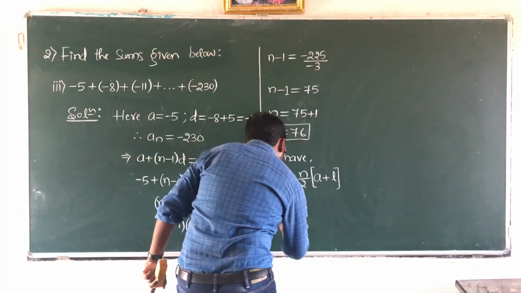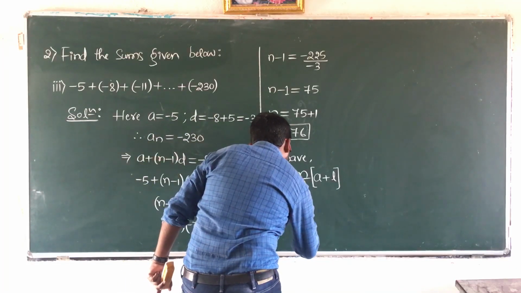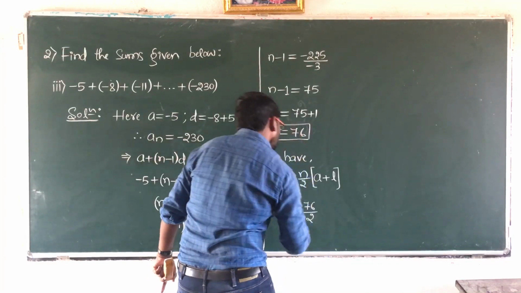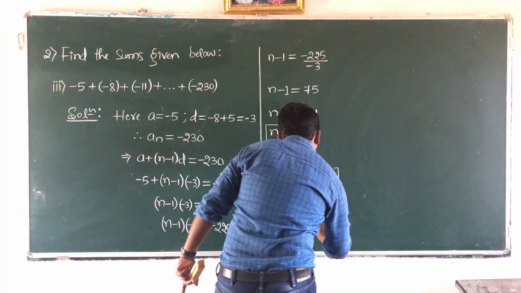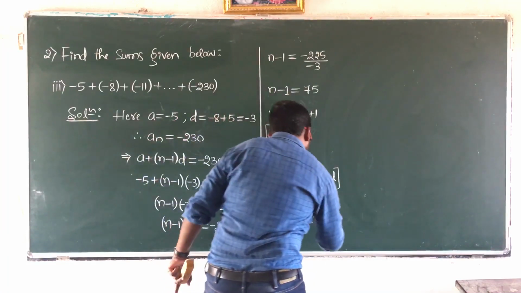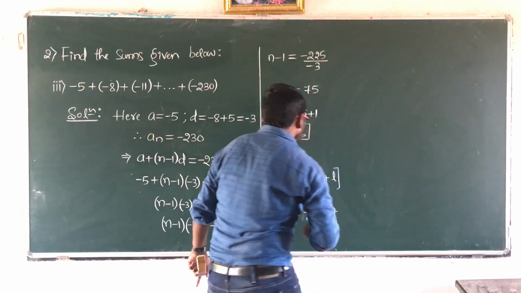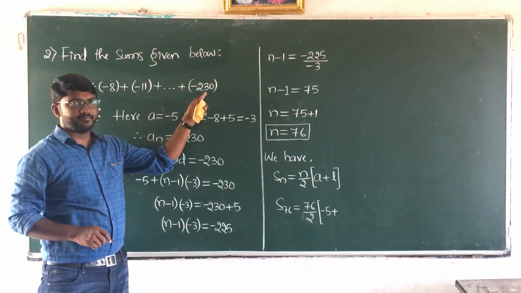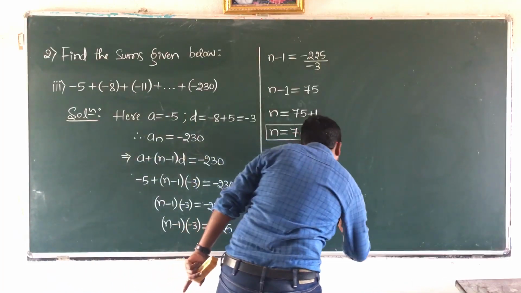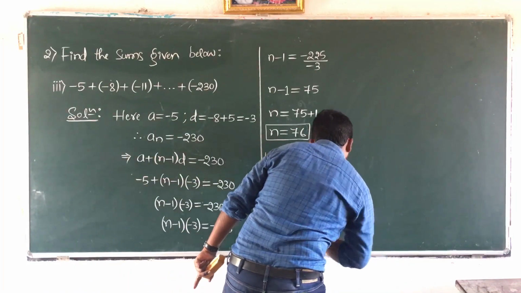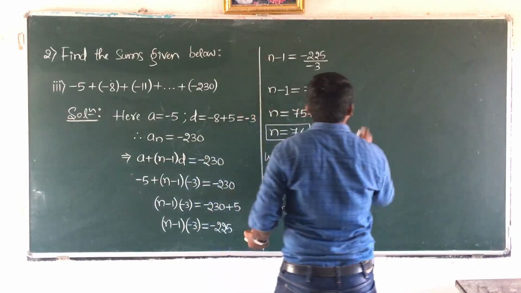76. So it is S76 which is equal to 76 divided by 2. Then what is the value of a here? a is minus 5, then plus what is the value of l? Last term, it is minus 230. Then let us simplify this now.